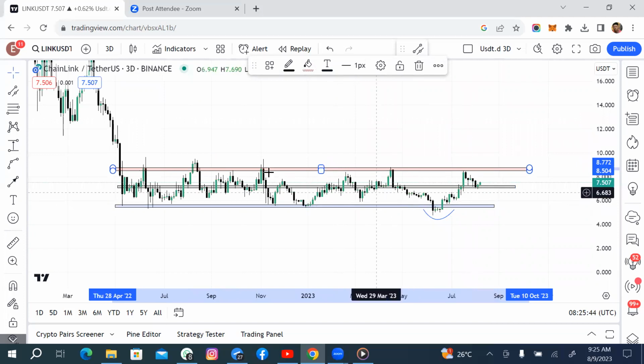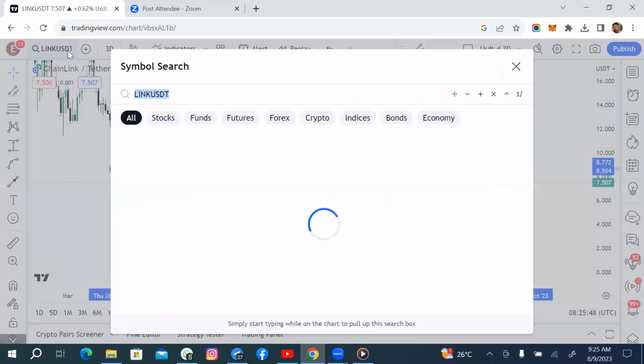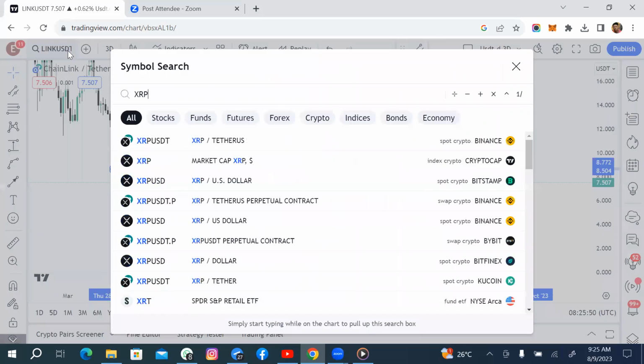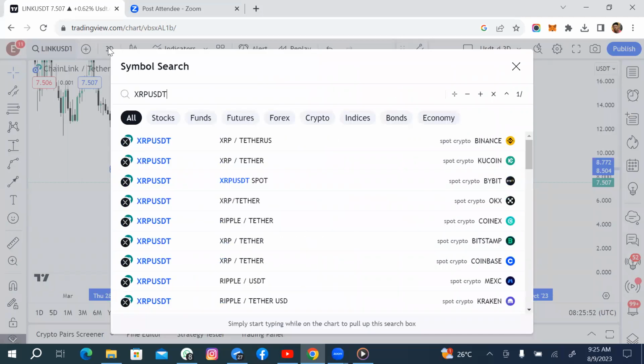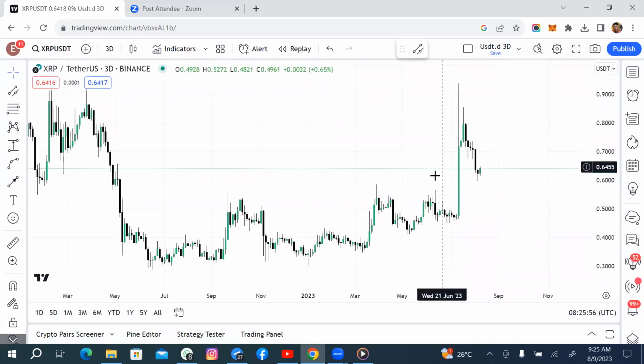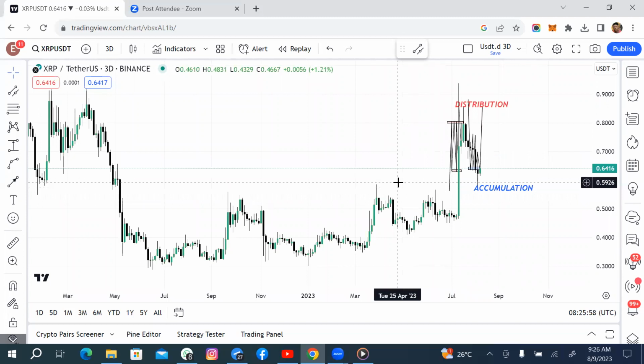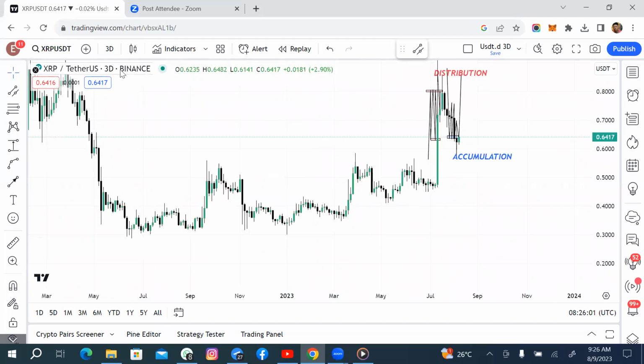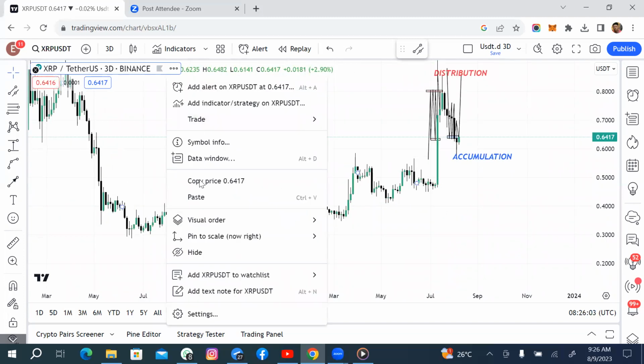All right, now, beautiful. Now, if we go back to XRP USDT, I'm going to show you guys something very, very important right here. So let me take this off.